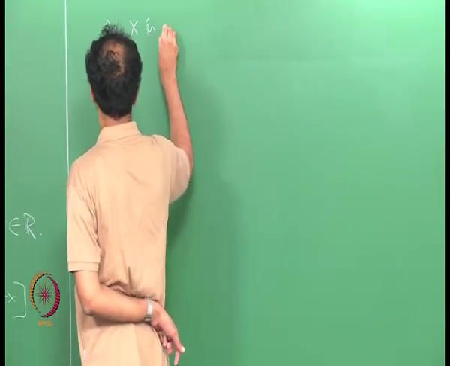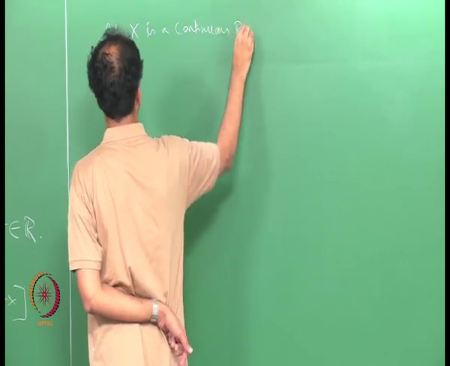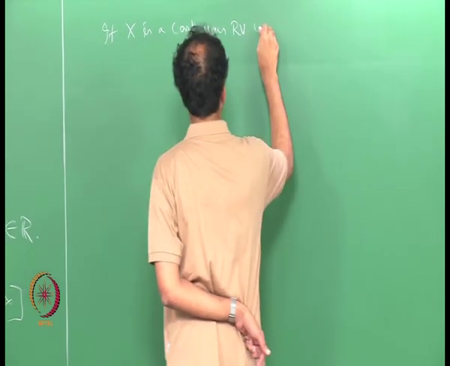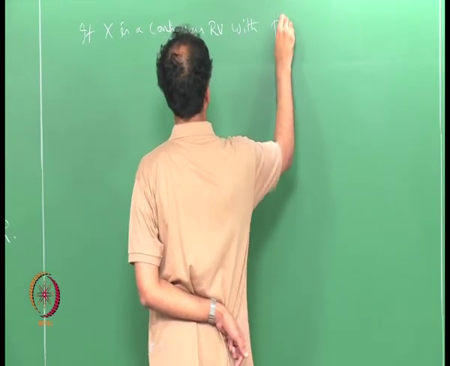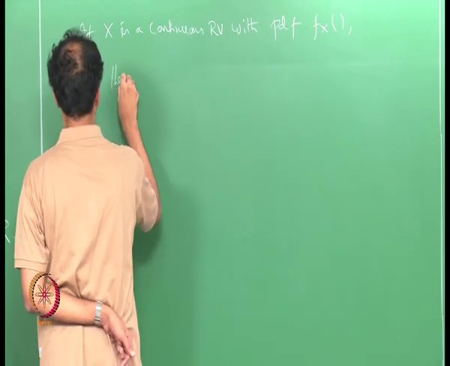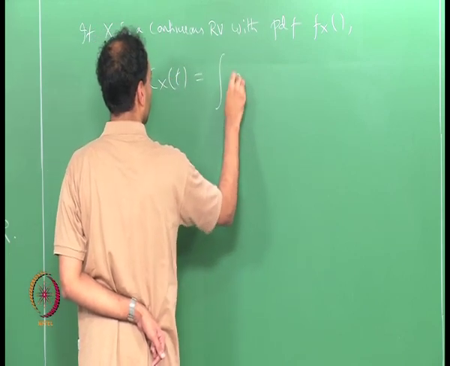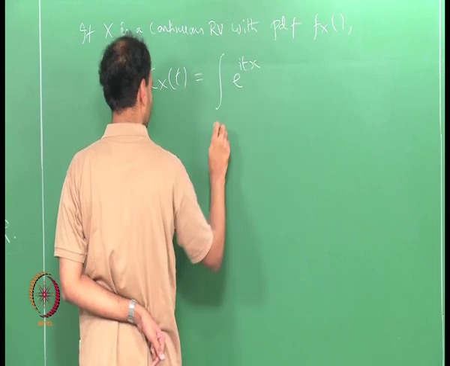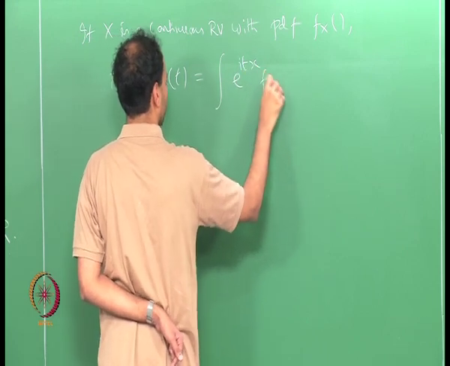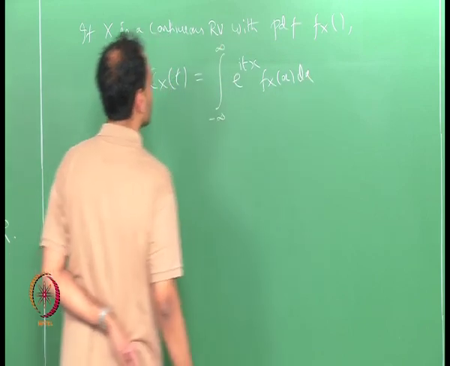In particular, when you have a density, if X is a continuous random variable with probability density function f_X, then C_X of t is equal to the integral of e^(itx) f_X(x) dx, where x is from minus infinity to infinity.